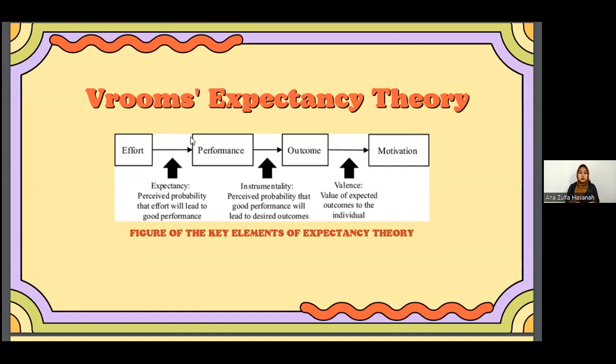Vroom proposed this theory in 1964 as an alternative to traditional theories of motivation. The key elements of Vroom's expectancy theory are expectancy, instrumentality, and valence.